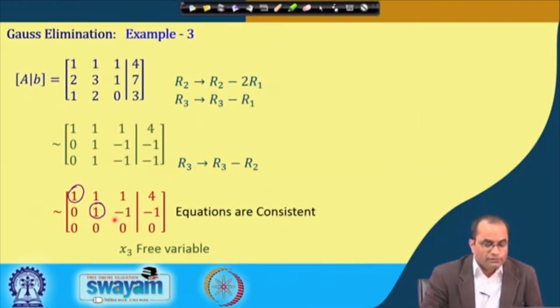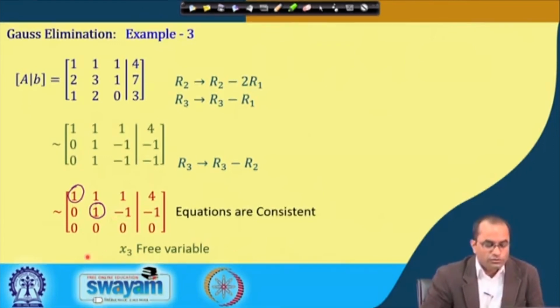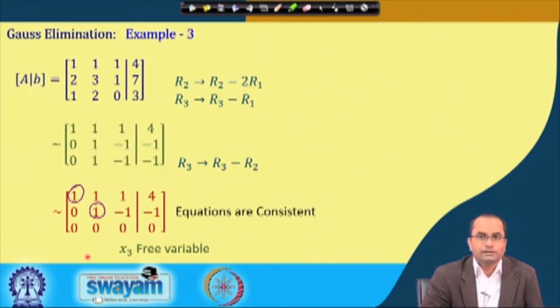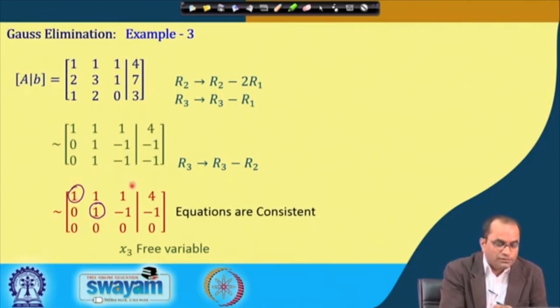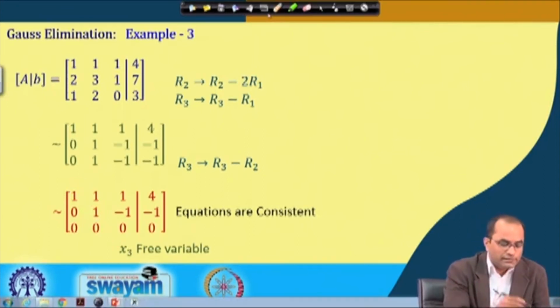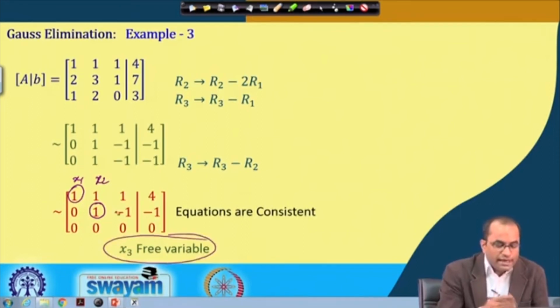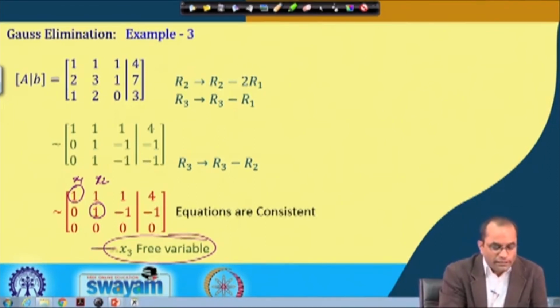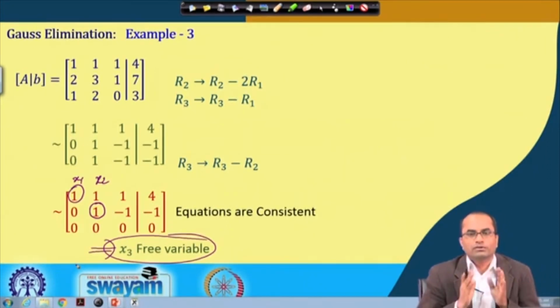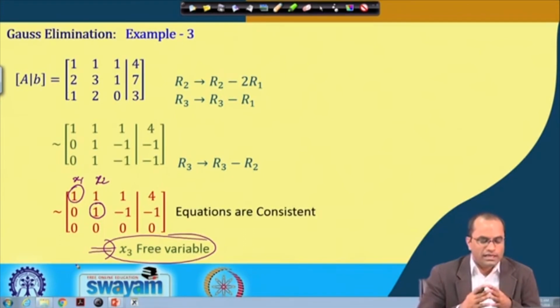So, in this case we will have infinitely many solutions, and we need a very systematic approach to solve this case. This column has a pivot, this column has a pivot, the third column does not have a pivot, and as I said, this corresponds to x1, this to x2, and this to x3. Since the third column, corresponding to x3, does not have a pivot, we call x3 a free variable.